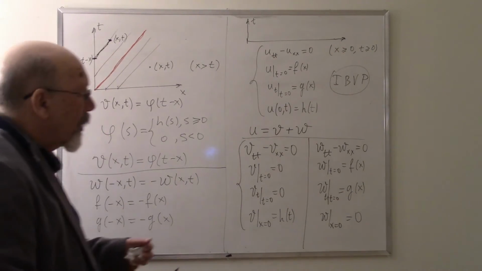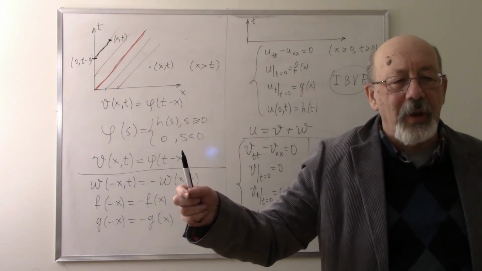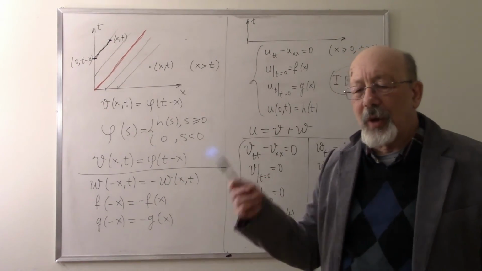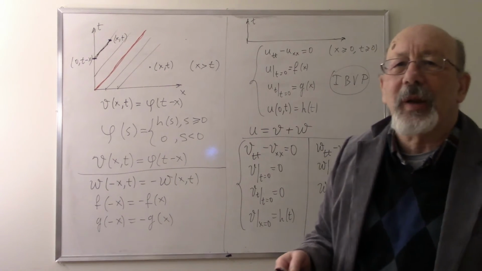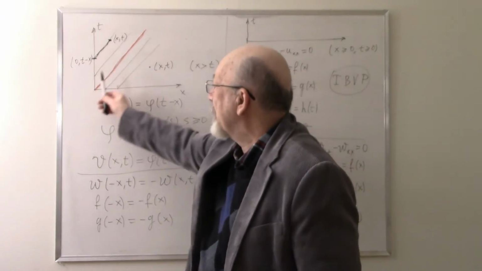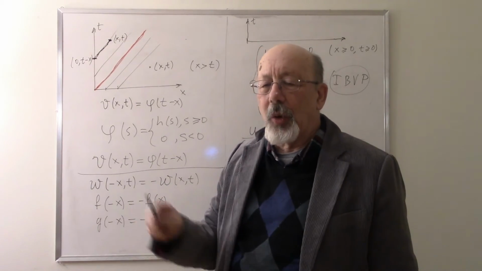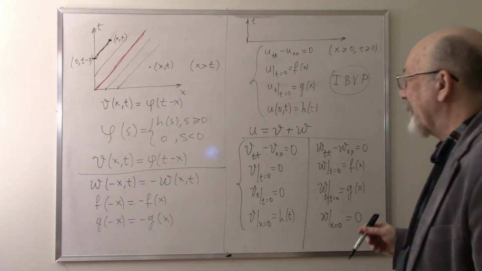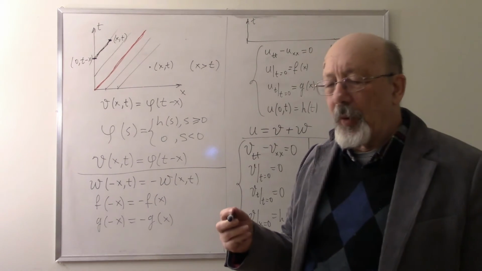So we take the odd functions on the x-axis, f and g, and then we use the general formula of the d'Alembert solution. This formula gives us automatically a solution which is 0 on the t-axis because it is an odd function.